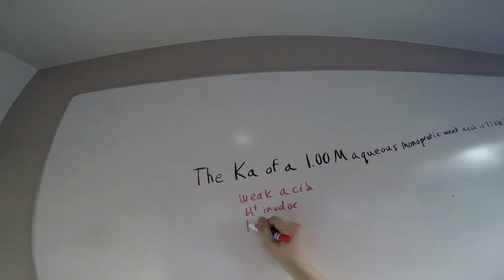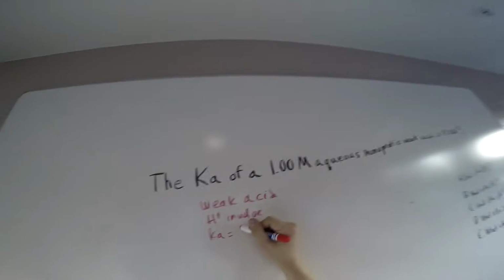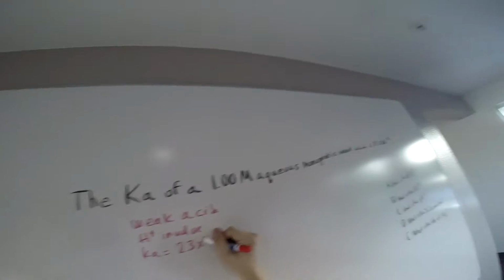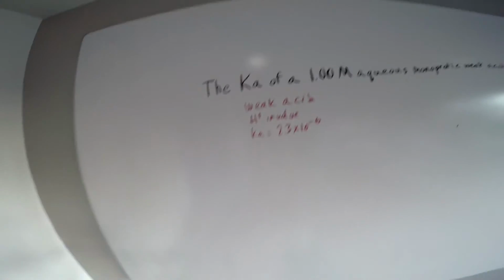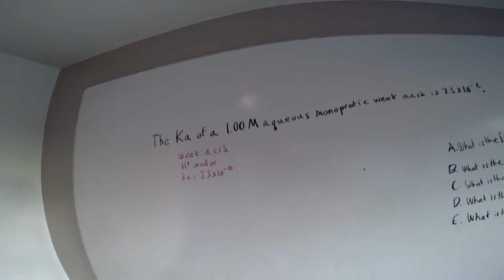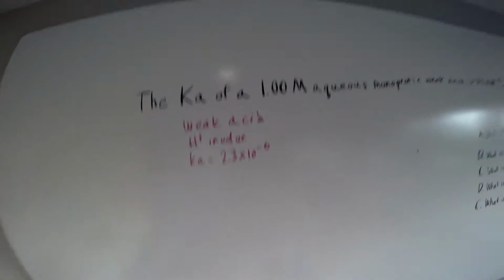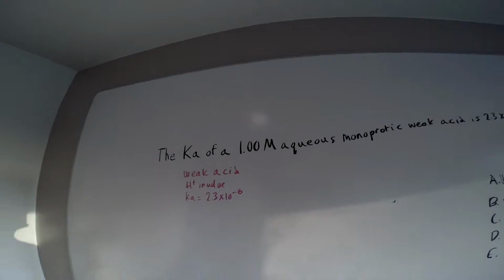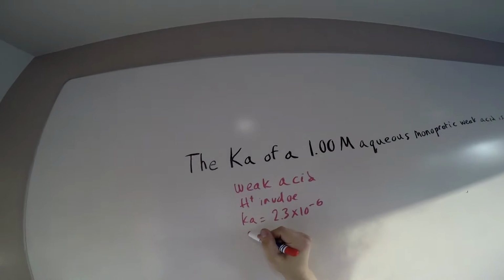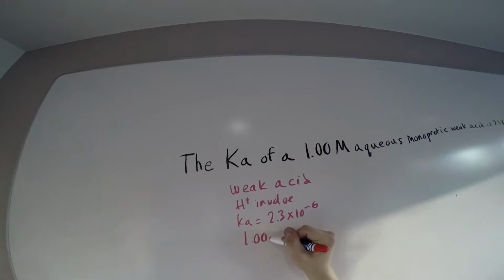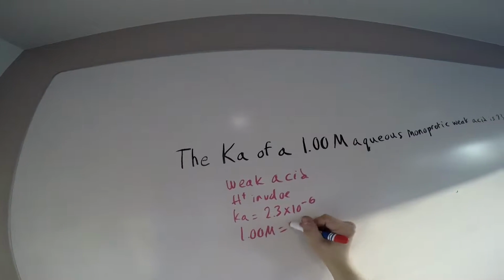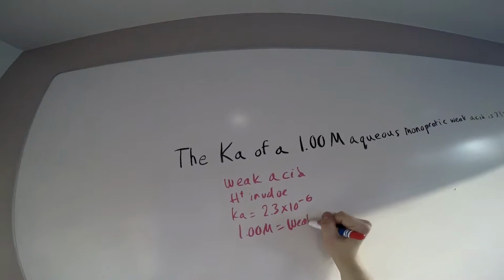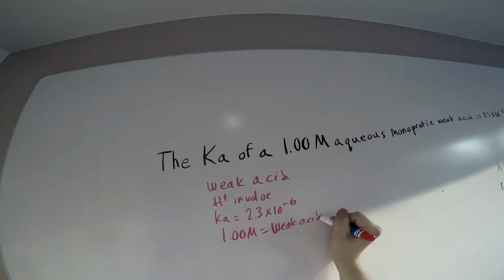And also the Ka is equal to 2.3 times 10 to the negative 6. So the best thing is to draw the information first, what useful information you can find. The last bit of information that we can draw from this sentence is that the weak acid solution is 1 molar.